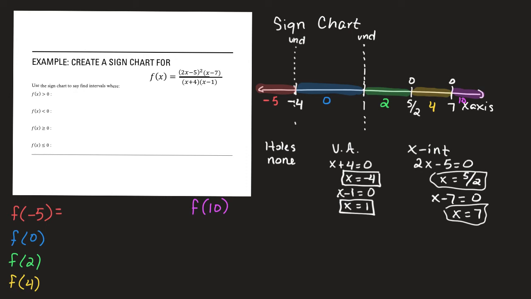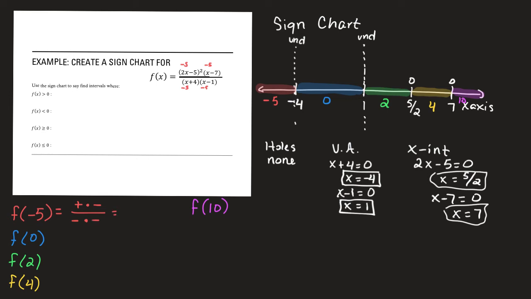So I'm plugging -5 in for everywhere that I have an x in my equation, and I'm just interpreting the signs of each factor. The first factor is 2 times -5 minus 5, so that's negative, but then I square that factor, so it's positive. -5 minus 7 is a negative number, and then I'm going to divide this by -5 plus 4, which is a negative number, times -5 minus 1, also a negative number.